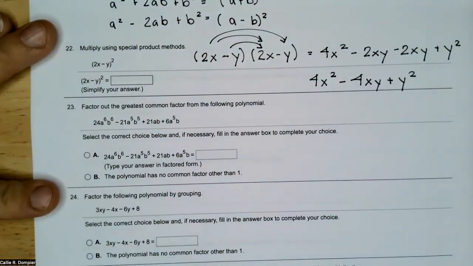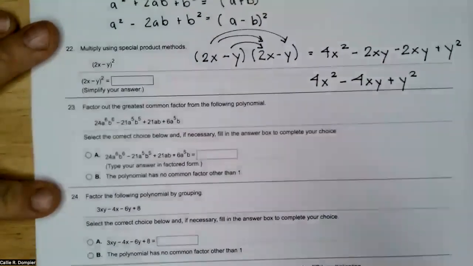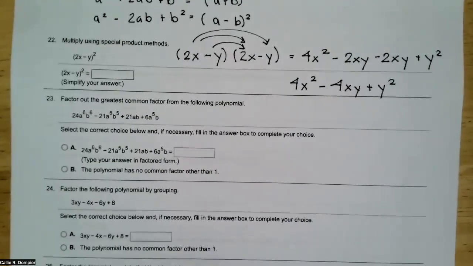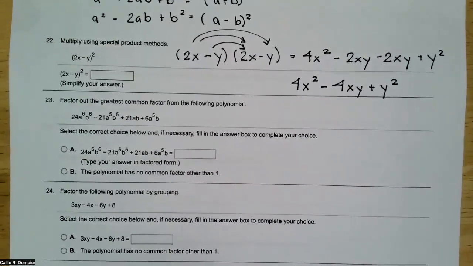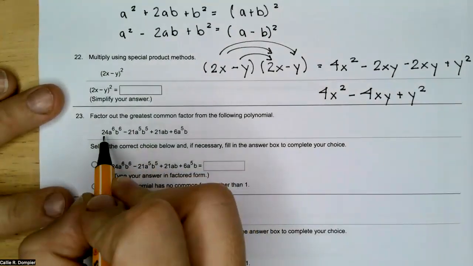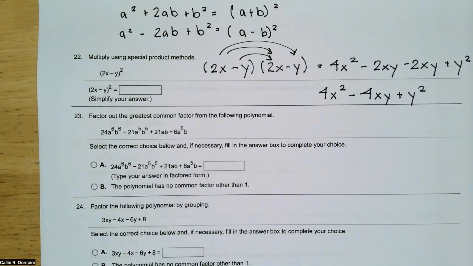All right, this one on the exam, it's going to say factor the polynomial completely. But what you need to know is that you are going to be factoring out the greatest common factor, and that is all you will be doing, okay? So here it's 24a to the 6th, b to the 6th, negative 21a to the 5th, b to the 5th, positive 21ab, and 6a to the 5th, b.